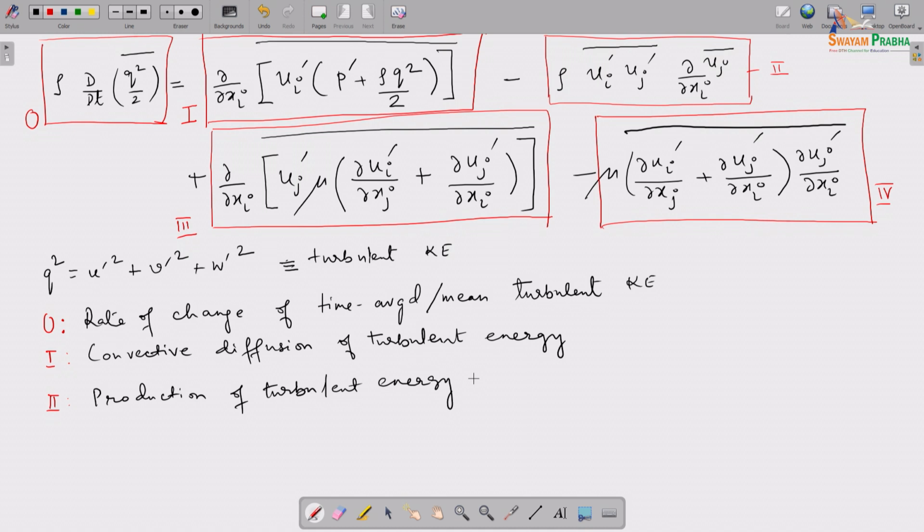I think it's important to address at this point where it comes from. You have a flow which is laminar, and then it becomes turbulent. So where does the energy come from which makes it turbulent? Production of turbulent energy.